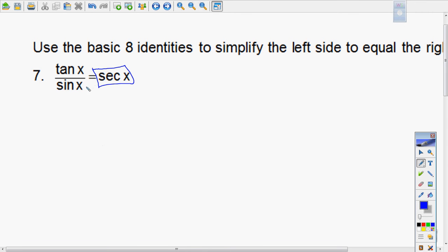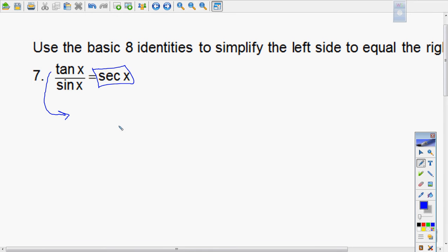I don't want to flip it. I want to put things in terms of sine and cosine, right? So if I have tan x, what does tangent become in terms of sine and cosine?